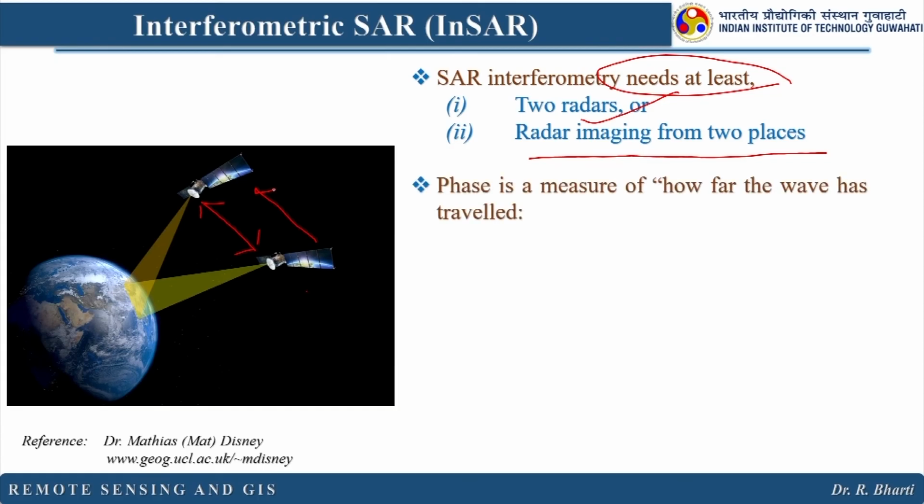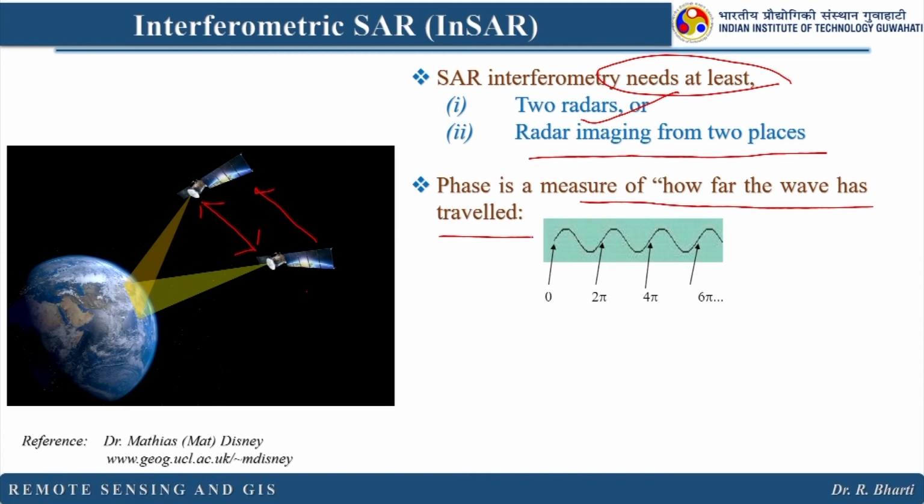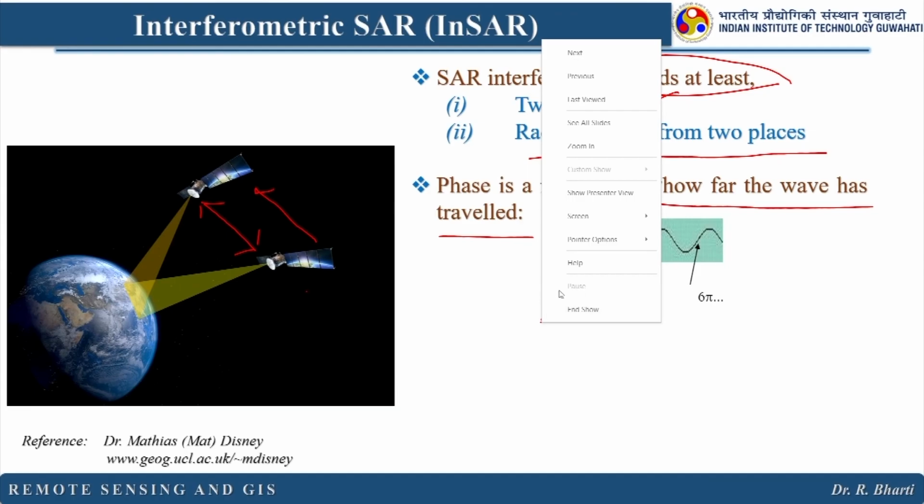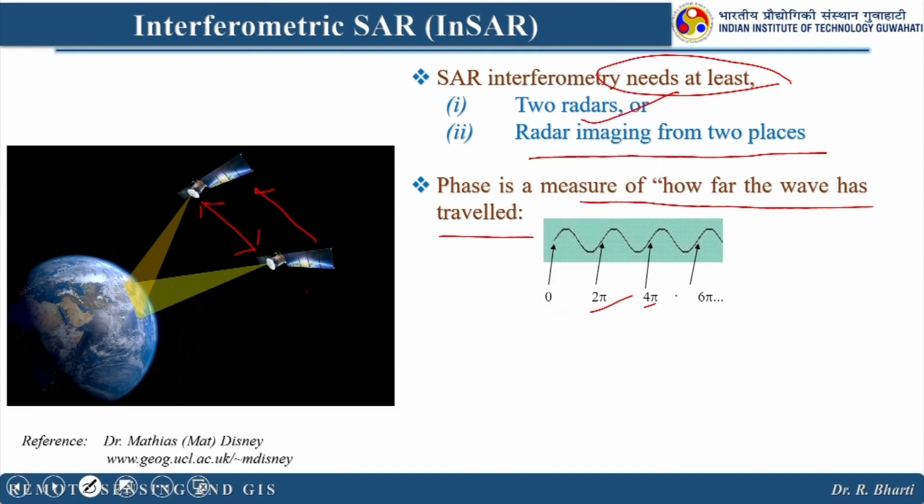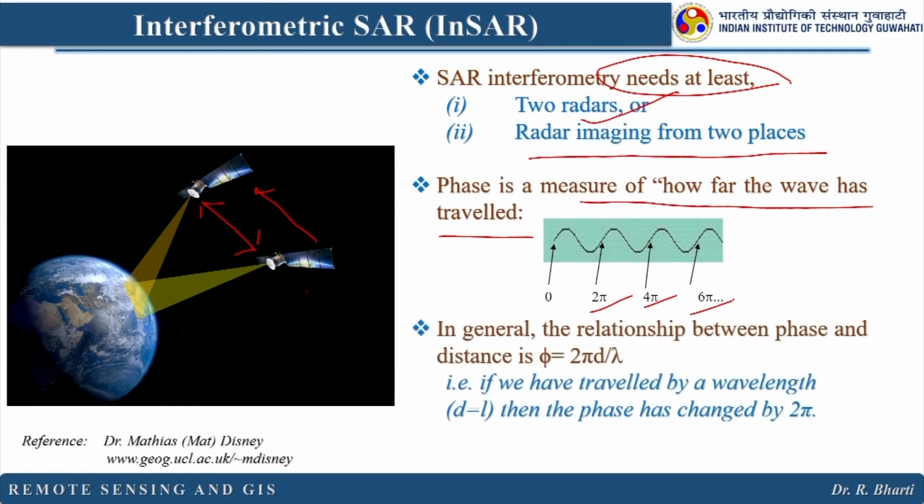The phase is a measure of how far the wave has traveled, right. If it is here, then it will be 0, then 2 pi, 4 pi, 6 pi, and accordingly this phase difference will be measured. In general, the relationship between phase and distance is 2 pi d by lambda.